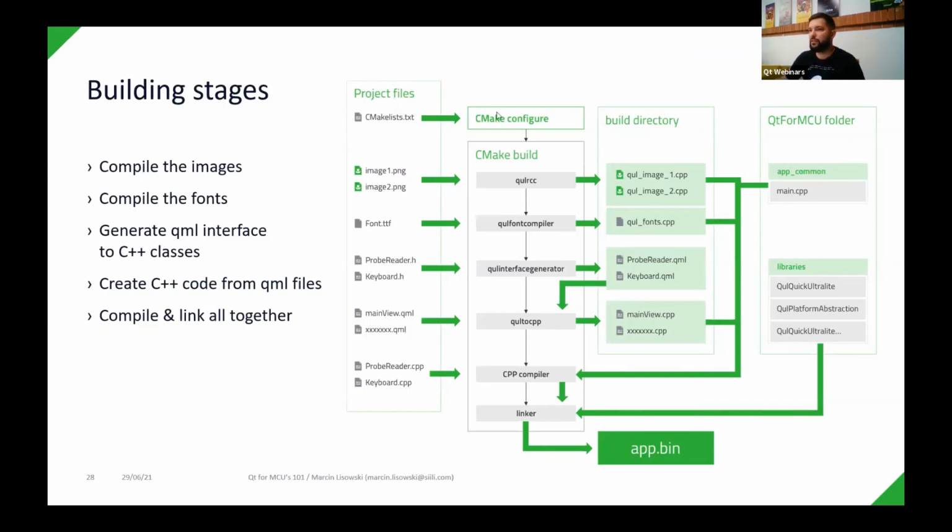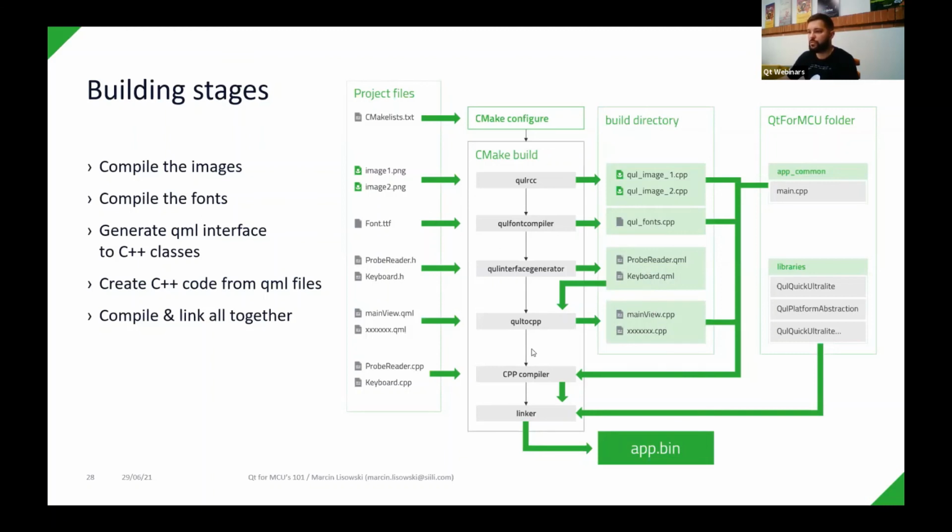Does that mean that indirectly header files are converted to CPP? I'm guessing that you are talking about the part of the Qt interface generator. No, it does not mean that. In the Qt interface generator step, those header files are converted to intermediate QML files, but QML to CPP is able to detect that those are intermediate QML files, and it will not generate additional C++ files for those.